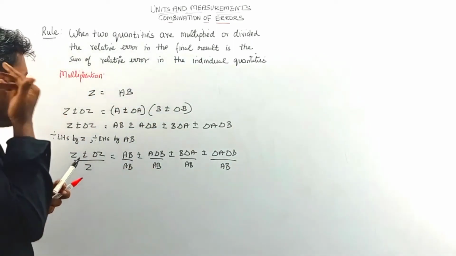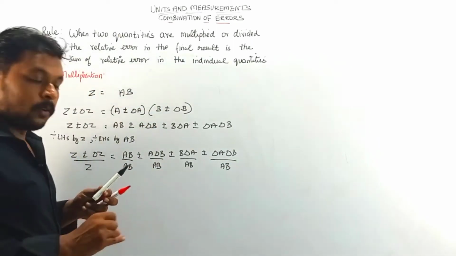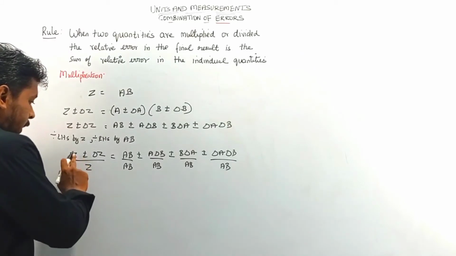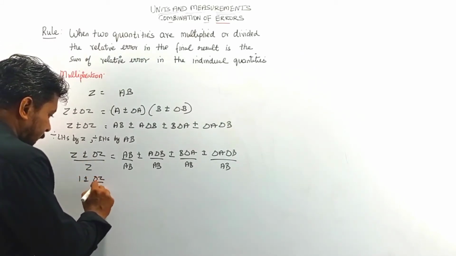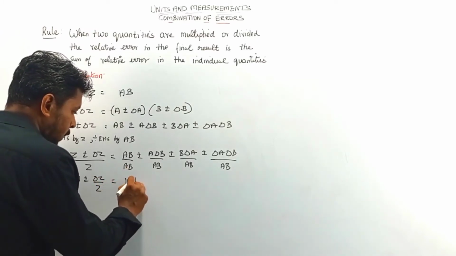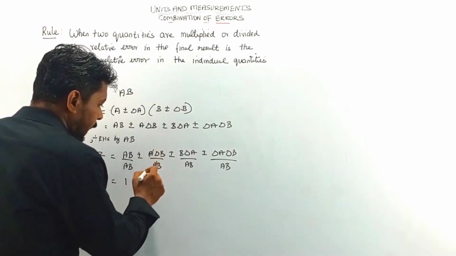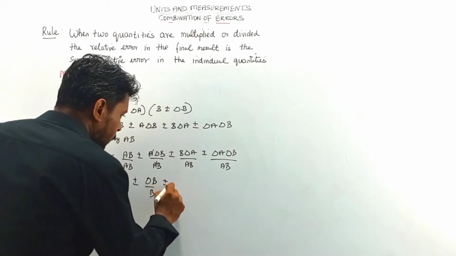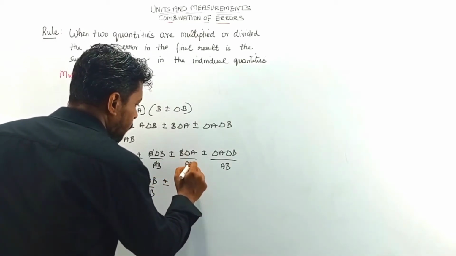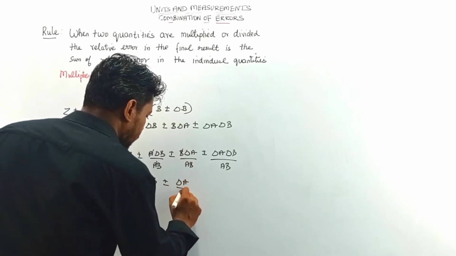So these are the terms. Here we can write it as 1 plus or minus delta Z by Z is equal to 1 plus or minus, here A and A get cancelled, so delta B by B plus or minus, here B and B get cancelled, so delta A by A.